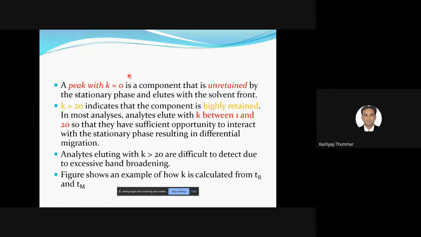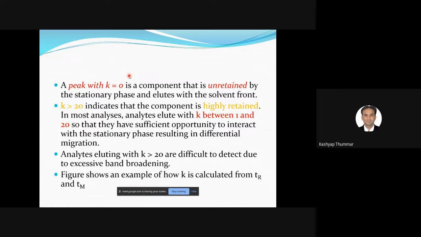Now what are the interpretations when we get some value in between 1 to 20? K equal to 0 is a component that is unretained by the stationary phase and elutes with the solvent front.